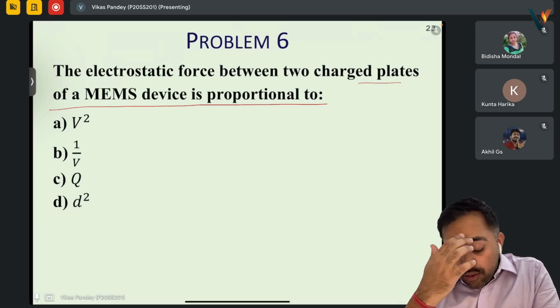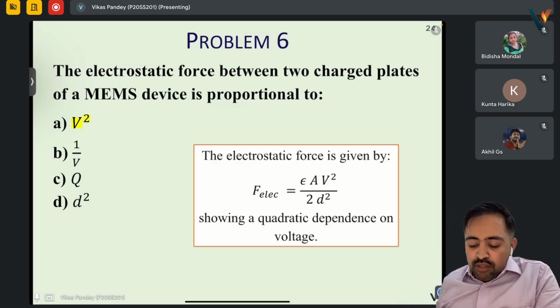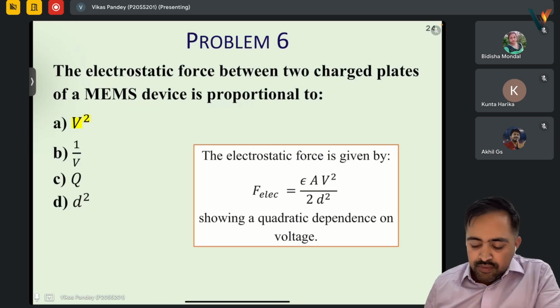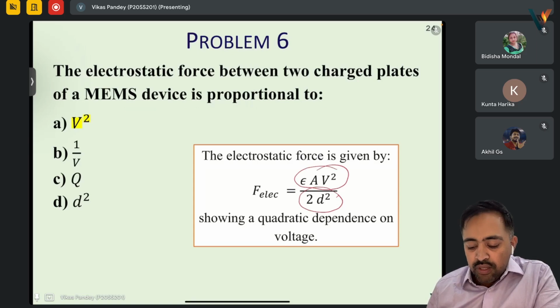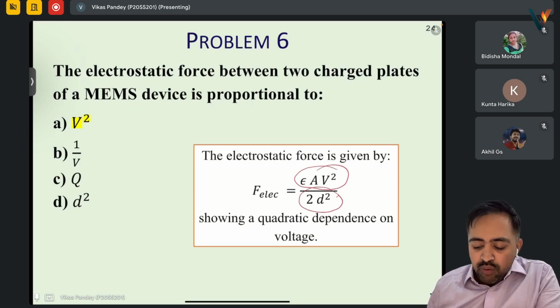No idea? Okay, so we saw this previously, that it is epsilon A V square upon 2D square. So it has a quadratic dependence on voltage.